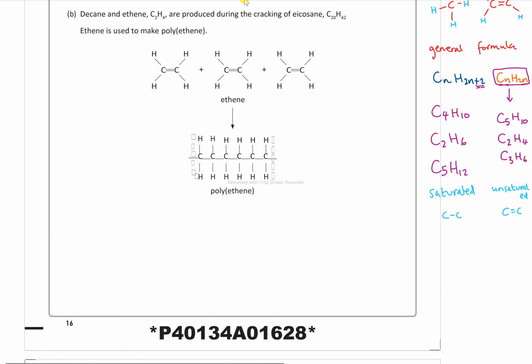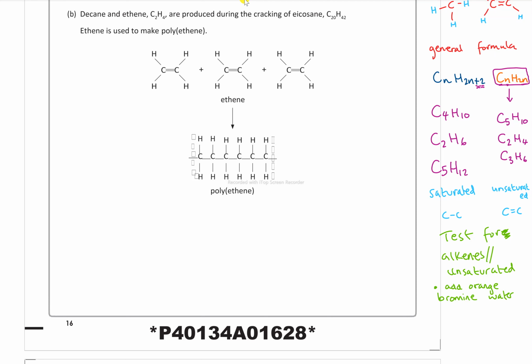Let me just add one more thing. If you want to do a test for alkenes or unsaturated compounds, I've just learned this from the mark schemes, add orange bromine water.